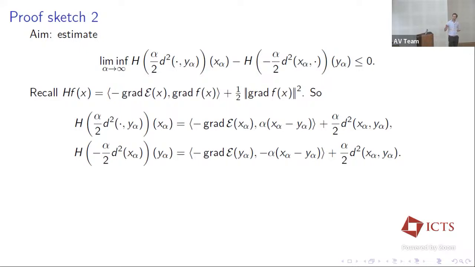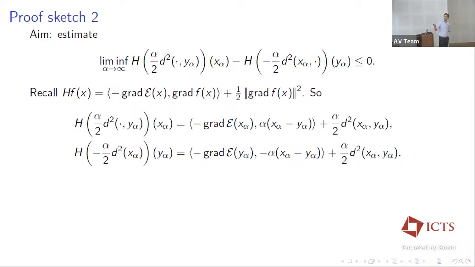Of course, alpha over 2 d squared is just x minus y squared. So if I take a gradient of this thing, I just get alpha times x minus y. So I can fill that out. So if I do that one, I get minus this gradient. I fill in alpha times x minus y here. And of course, then I do alpha times x minus y, but I have to square it.